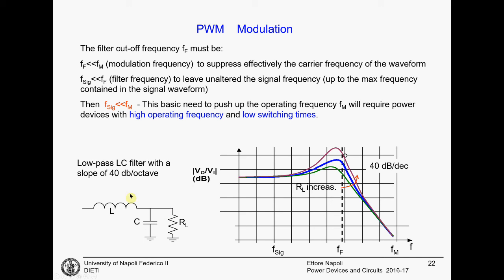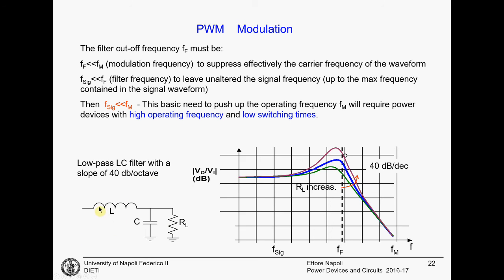Since there are two reactive components, this is a second order filter that has, after the cutoff frequency, a decay in the transition band with a slope of 40 decibels per octave.